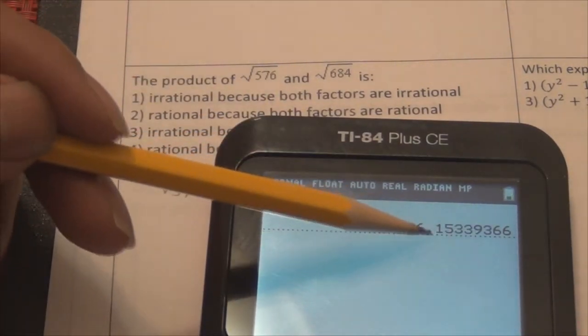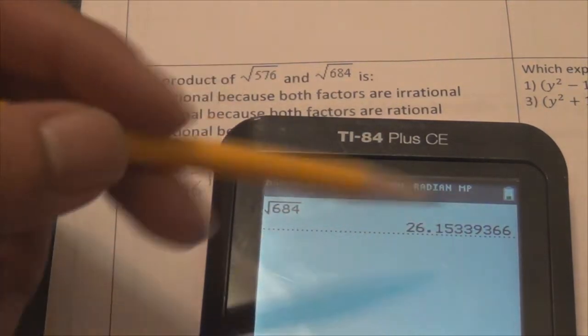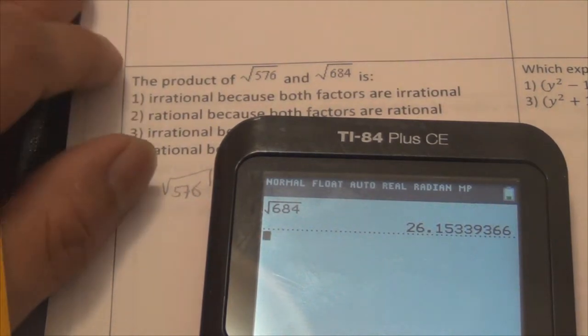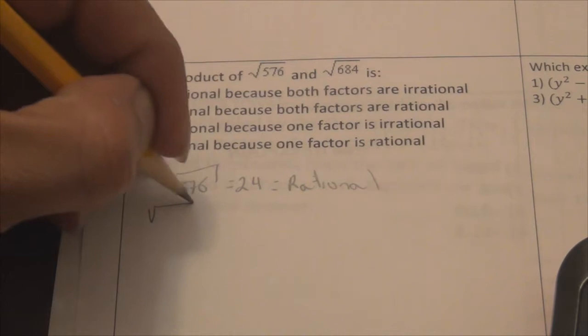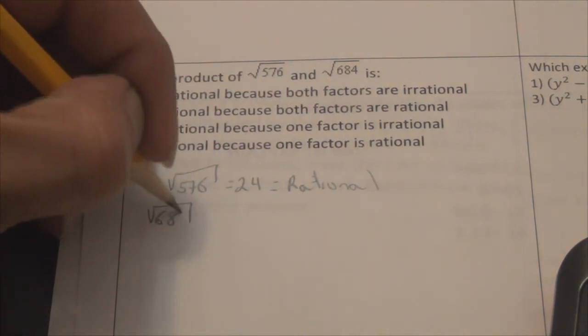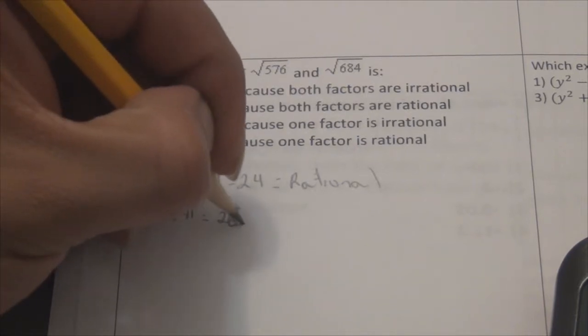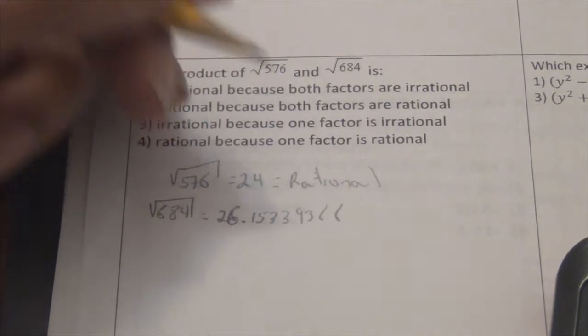Once the calculator gives you a number with point something and like 7 numbers, 2, 4, 6, then that number is irrational. So radical 684 equals 26.15, 33, 93, 66, and so on and so forth. Therefore, this one is irrational.